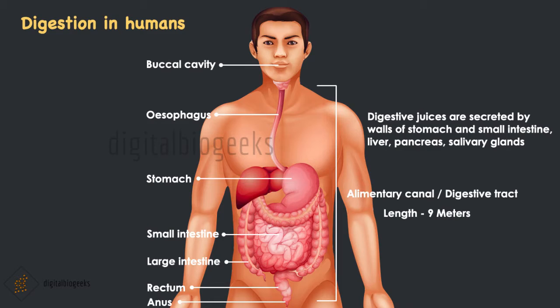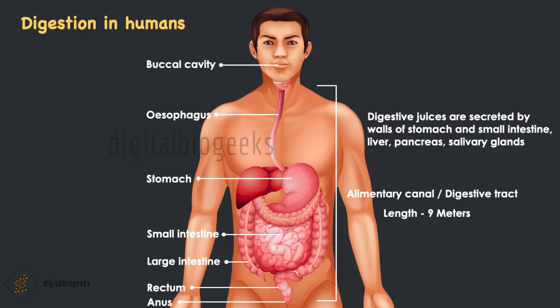These simple substances can be absorbed by our body. The digestive tract or alimentary canal together with the glands which secrete digestive juices constitute the digestive system.